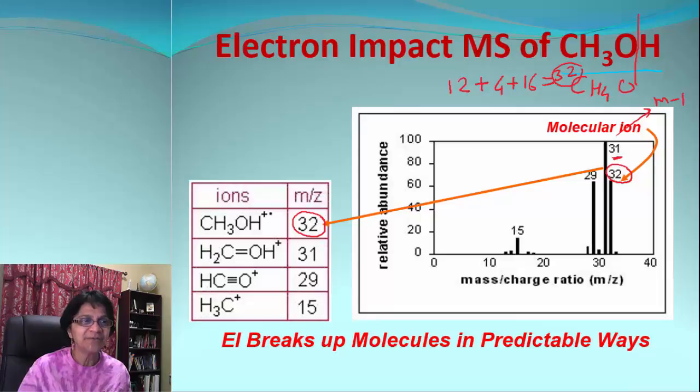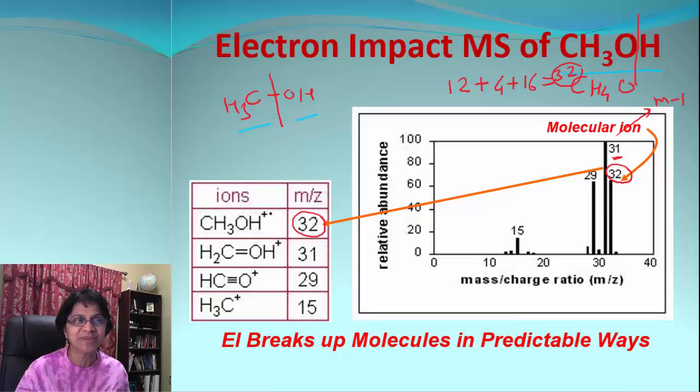How about if we have this molecule and we decide to chop it right across over here? In that case, we are going to get a methyl group and an OH group. What is the exact molar mass for the methyl group? It's 1 carbon and 3 hydrogens, so that corresponds to 15.